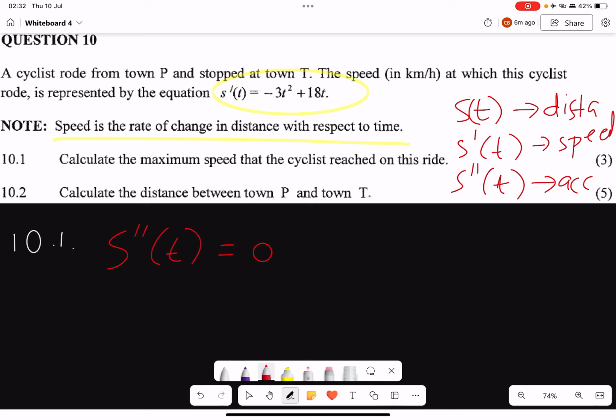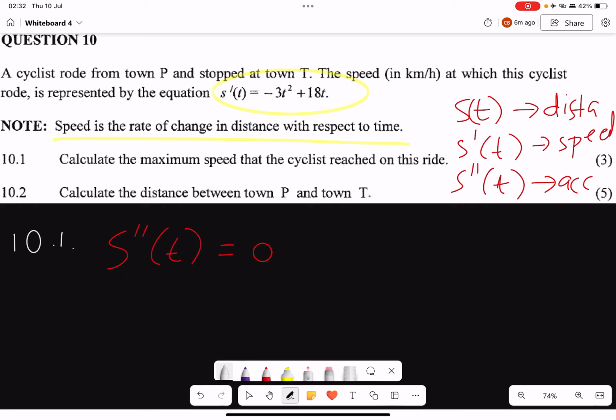Does that make sense? That's why we're not setting speed itself to 0, because speed being 0 means the cyclist stops, it's no longer moving. But maximum speed happens when acceleration is 0. I hope that makes sense.